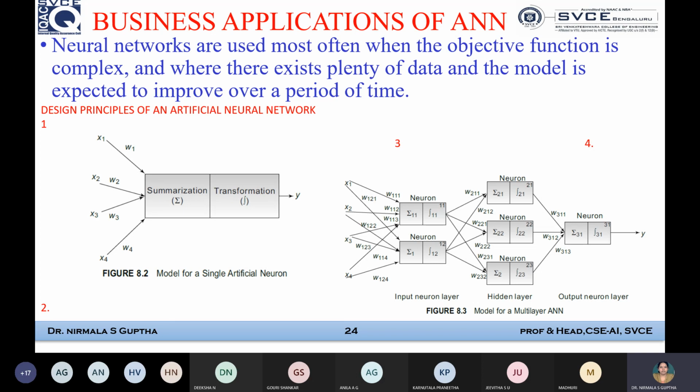There is no diagrammatic representation for this particular principle, so we just need to understand it. I'll repeat the logic behind design principle two. Since the neural network is a multi-layered model, we must have at least one input neuron, one output neuron, and at least one processing neuron. This is the concept or logic behind the neural network.